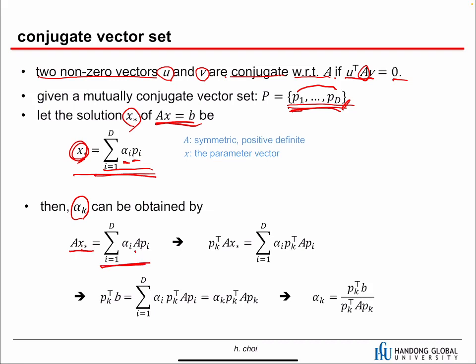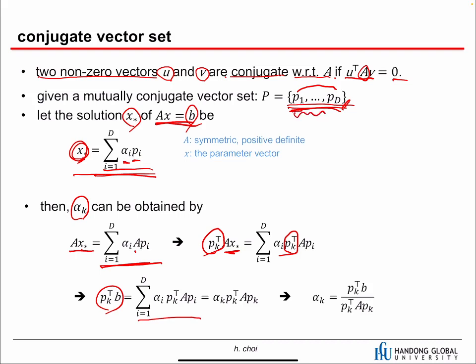Then we multiply p sub k transpose on both sides. If you look at this one, it is b, so now we have p sub k transpose times b, and the right side is the same. And now we have to use these conjugate vectors.